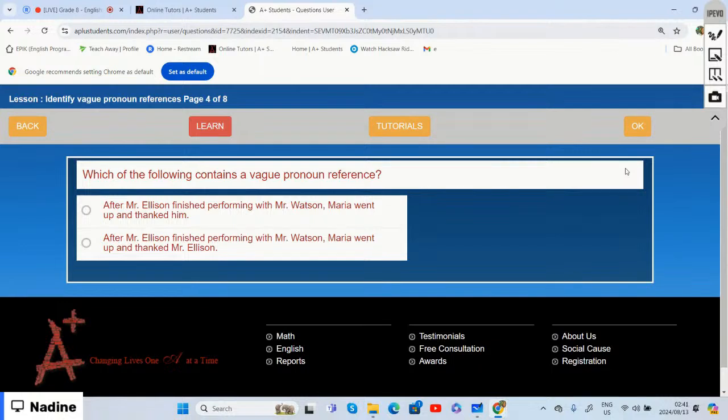All right. And if we were to choose the correct vague pronoun, remember we said a vague pronoun reference basically means that the pronoun or a word that is in there makes a sentence to be unclear.